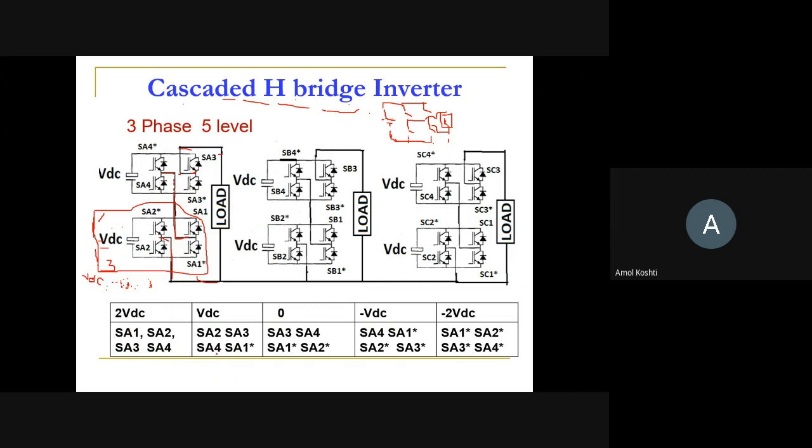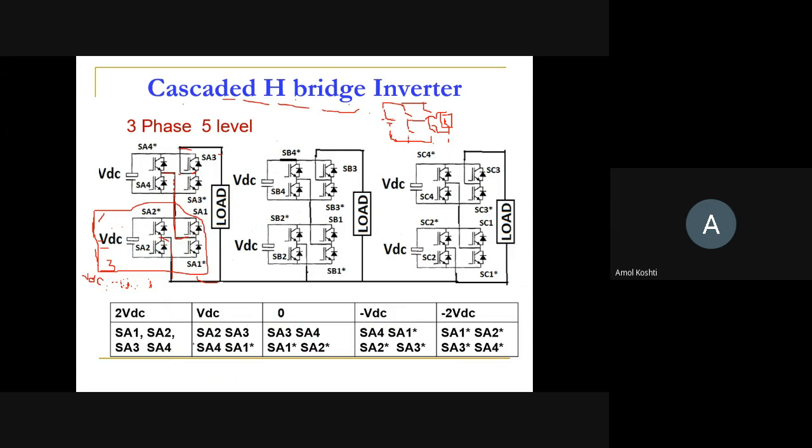When we supply the fire pulse to the SA2, SA3, SA4, SA1 star switches, you can trace this here, and we get a VDC output at the end of this load. When we turn on SA3, SA4, SA1 star, SA2 star, we get a zero.